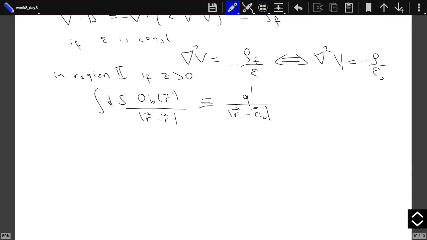Now, then the question is, how do we relate that integral to the region in z less than 0?